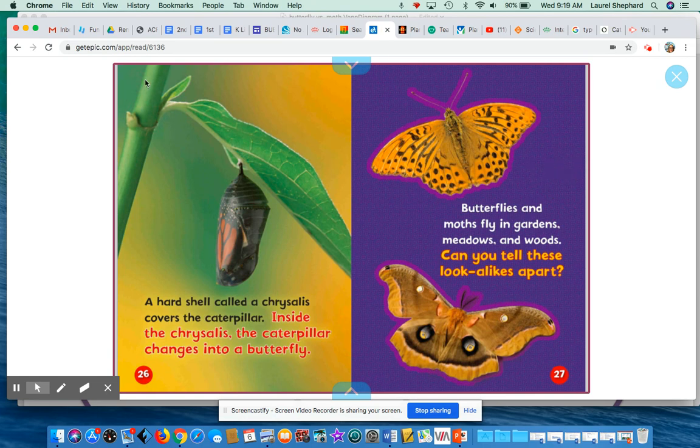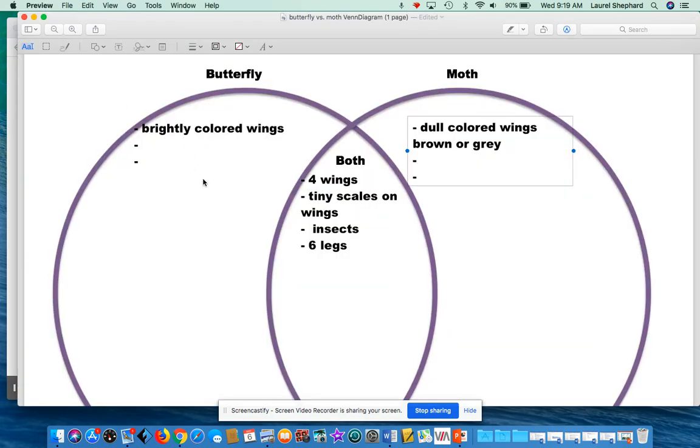So scientists, now that we're done with the book, I'm going to go back to my Venn diagram. You should have a lot more than this written in your Venn diagram, but I want you to keep the Venn diagram out because when this video stops in a couple of seconds, you are then going to watch another video.